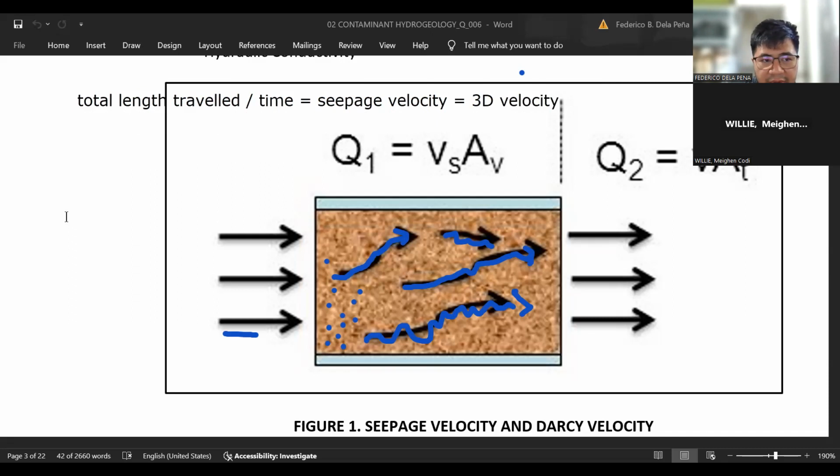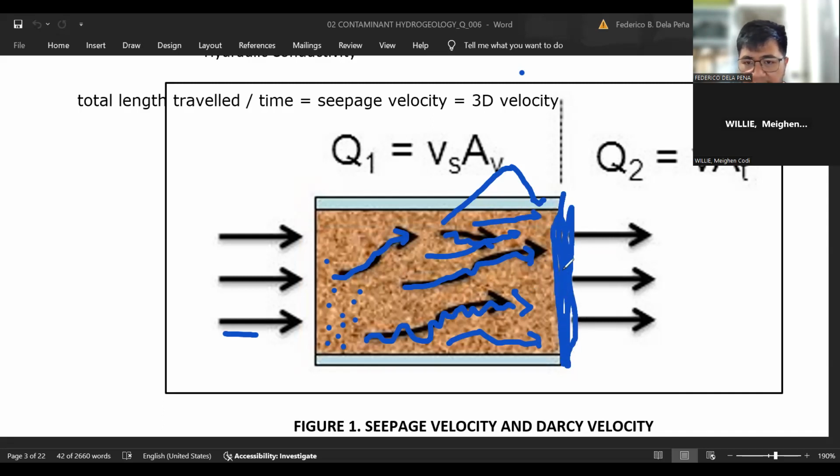Now, we also have another concept called the Darcy velocity, where we only care about the net movement of the whole group of groundwater flow through the media. You can have various flow paths within the media, and they can go through so many directions. But in the end, if you're talking about Darcy velocity, you only care about the movement of the flow front.